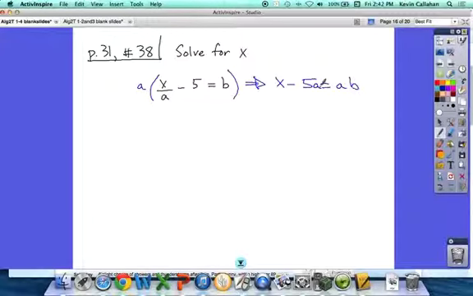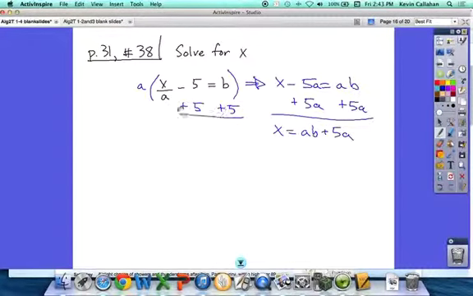Okay, so if you take that route and you do it correctly, then you have one more step to solve. Plus 5a, right? Plus 5a. So now we have x equals ab plus 5a. So if we do it the other way, then we would add 5 to both sides.